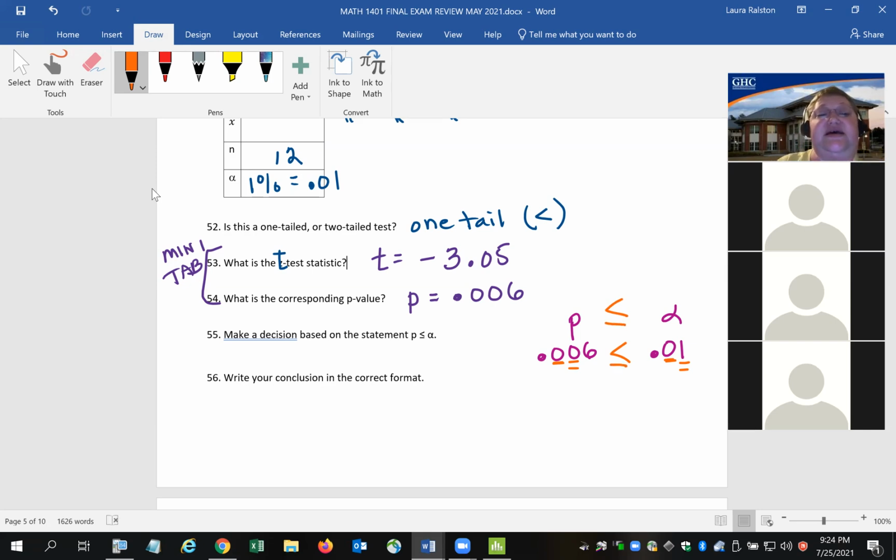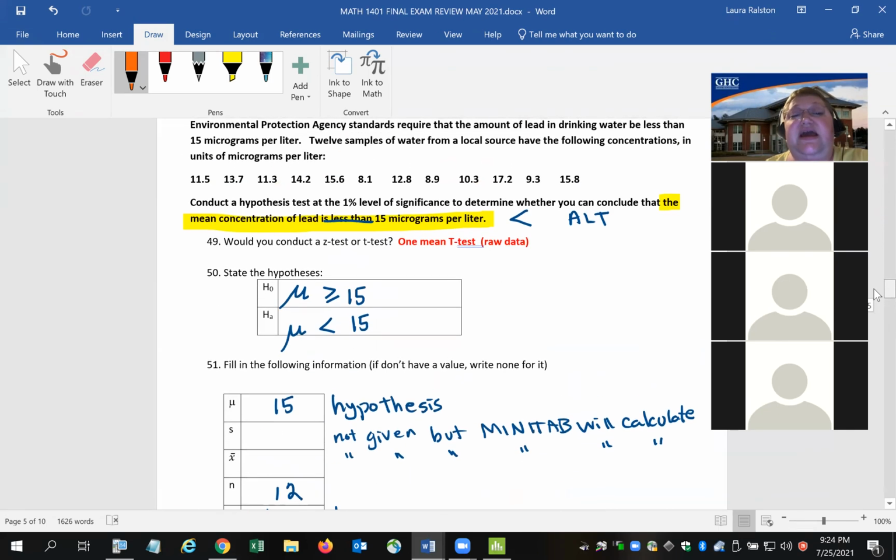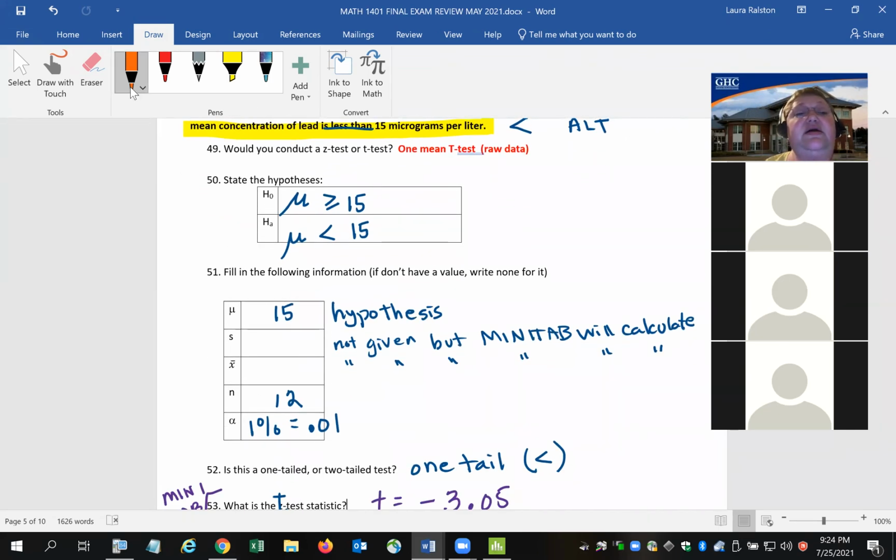When P is less than or equal to alpha, we reject the null. So if we reject the null in the context of this problem, that means the null is false and the alternative is true. So the mean is less than 15.